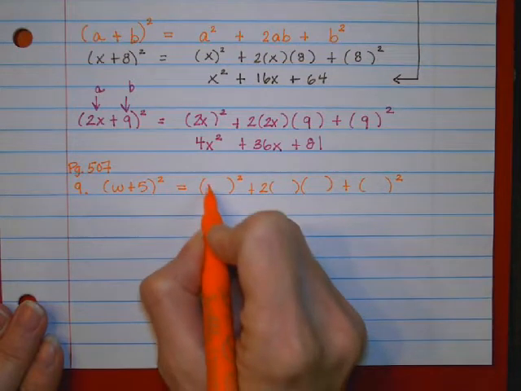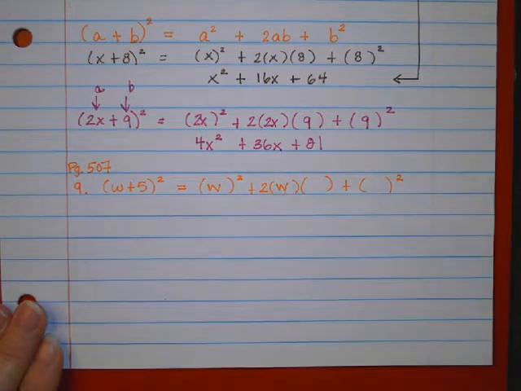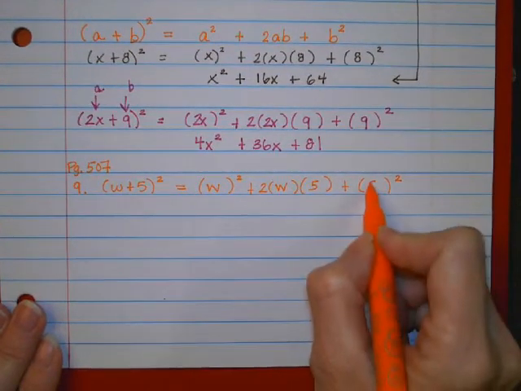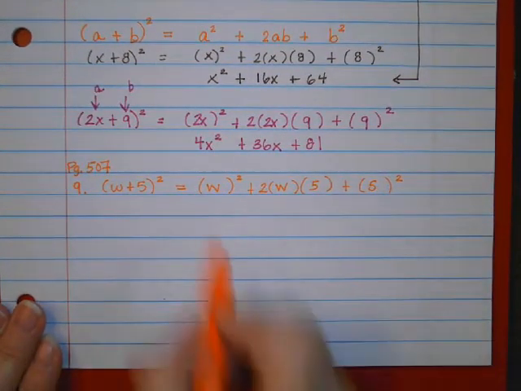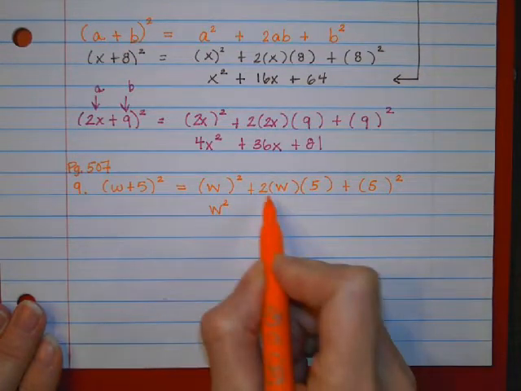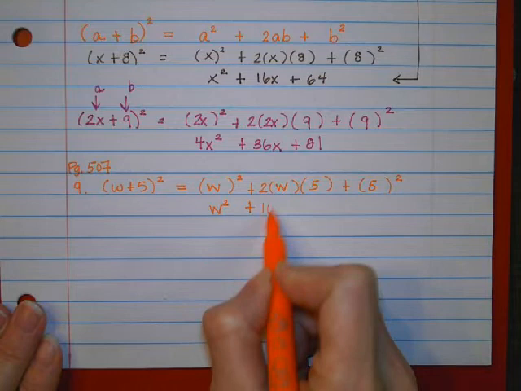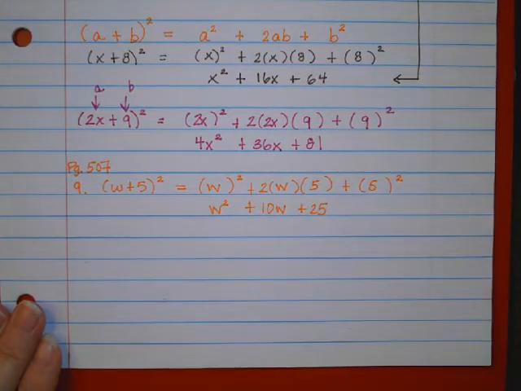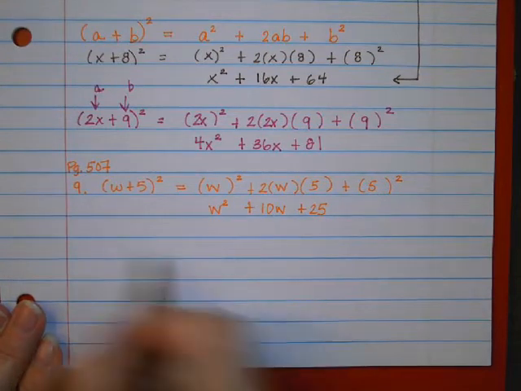So we square the first term, so where we're seeing a, I'm going to put that w in. Then we put our second term in, which is 5. So here we go. We'll square the first term. w squared is w squared. 2 times 5 is 10. And then 5 times 5 is 25. Bam, beautiful.